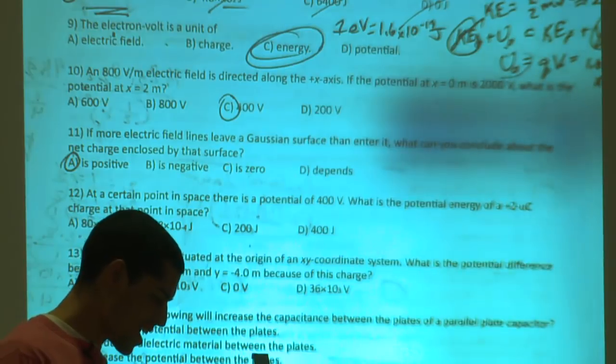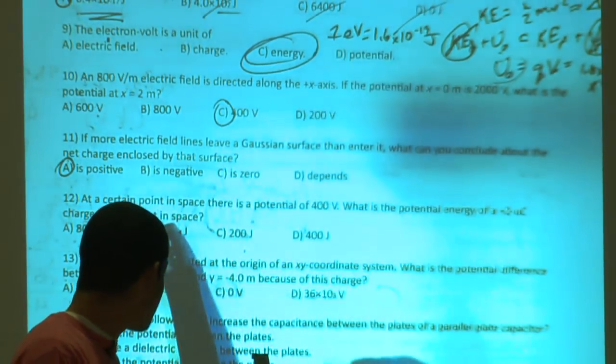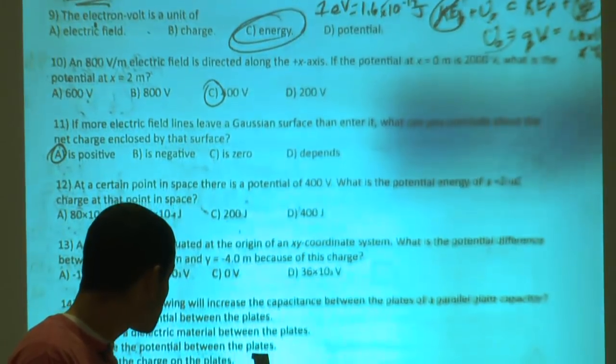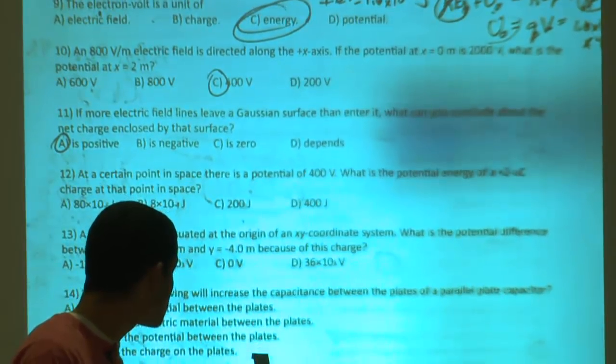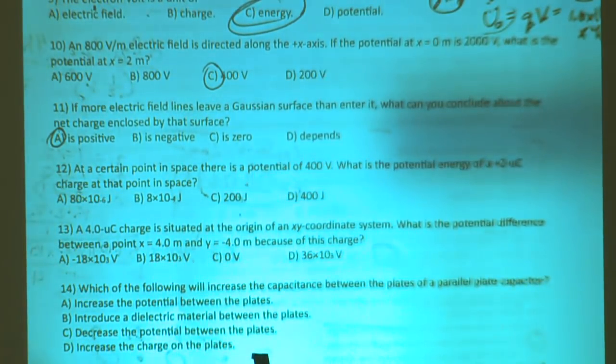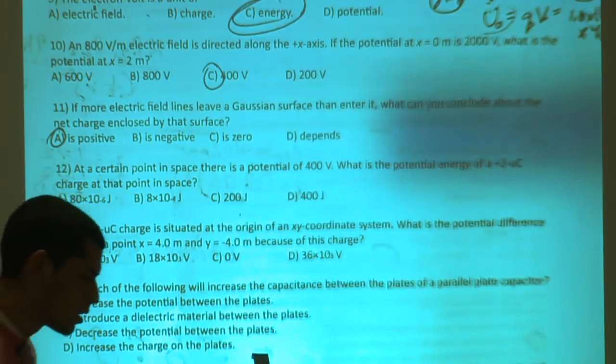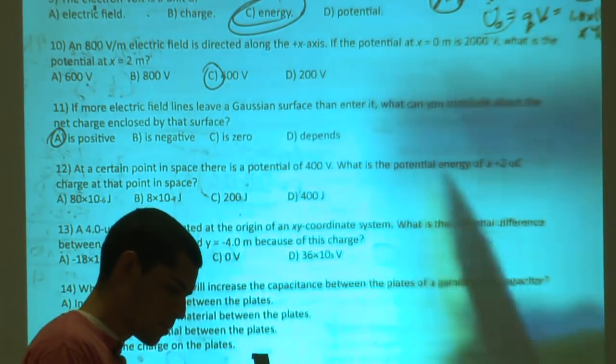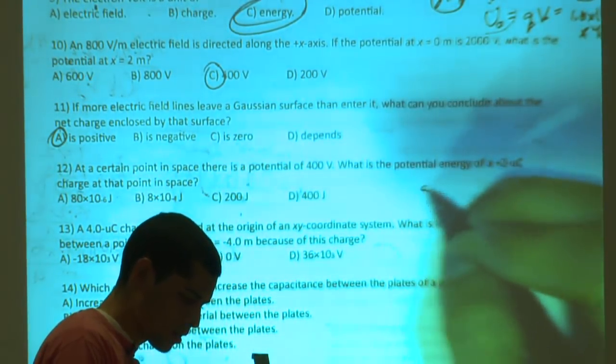But yeah, at a certain point in space, there's a potential of 400 volts. What is the potential energy of a positive 2 microcoulomb charge at that point in space?